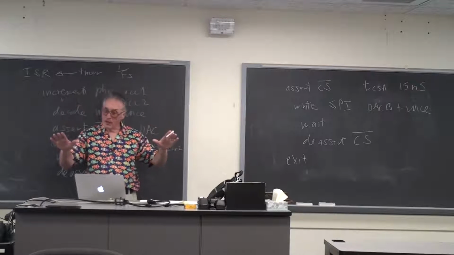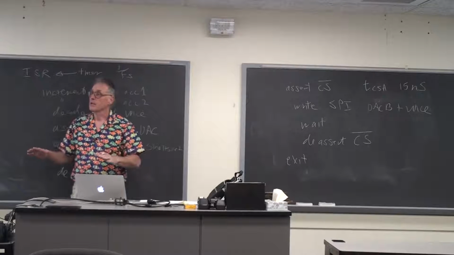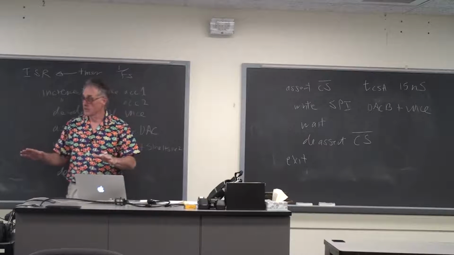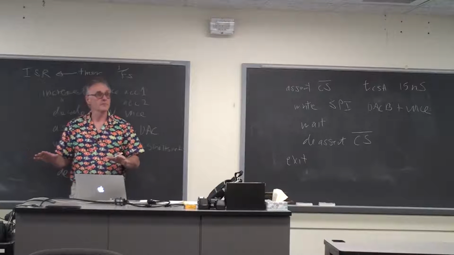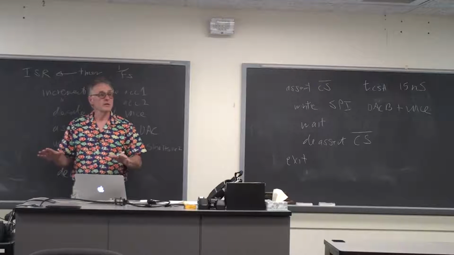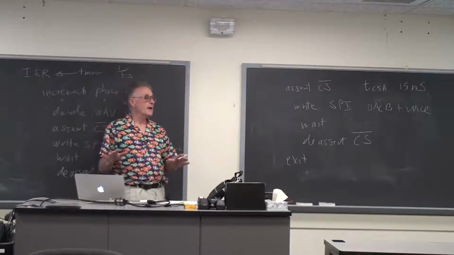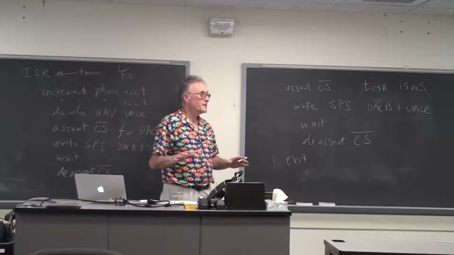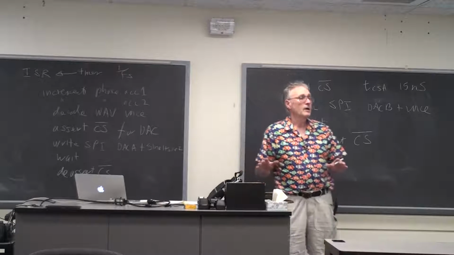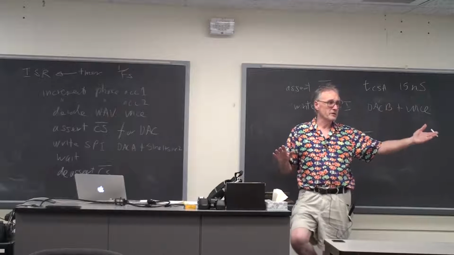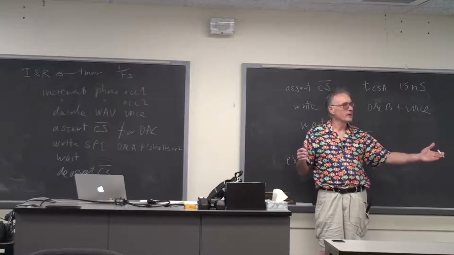The nice thing about putting all of the interactions with the DAC in one interrupt service routine is that you can guarantee that there will be no collisions. Let's say you figured out that you can sample the voice at 8, but for distortion, like homework problem 1, you have to sample at 10 kilohertz.